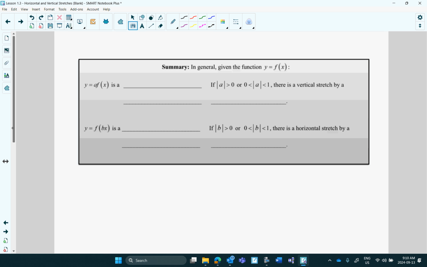So just a quick summary, like I did with the shifts or translations. If there is a number being multiplied in front of the function, that is a vertical stretch.